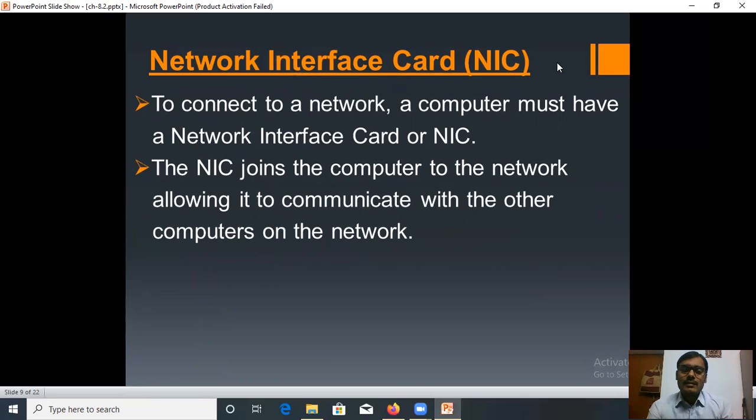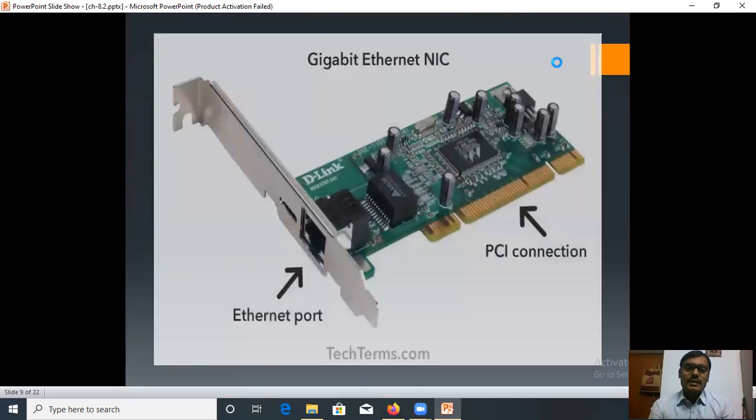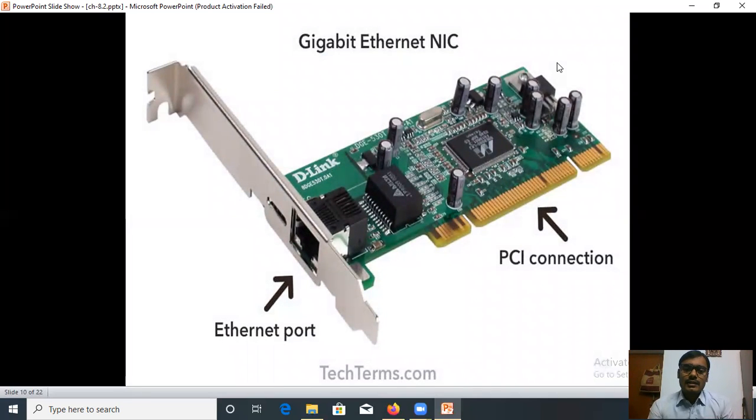Without NIC, the computer cannot be connected to a network. The NIC joins the computer to the network, allowing it to communicate with the other computers on the network. You can see this is the NIC card. It can be attached on the motherboard of the computer.